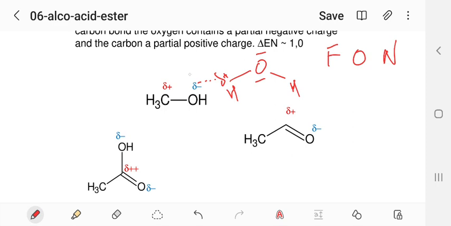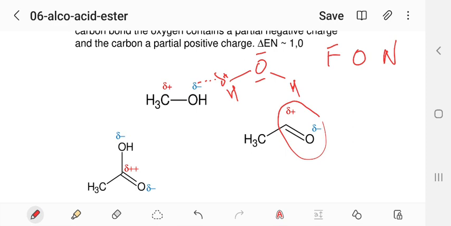So all these classes that we discussed all have this CO bond. Of course, they have OH, which is also polar, but in particular, they have a CO. So for example, here there is no OH, but there is a CO. So all of them have in common this CO bond, which is polar.